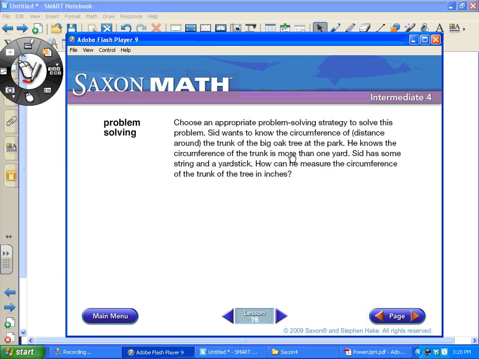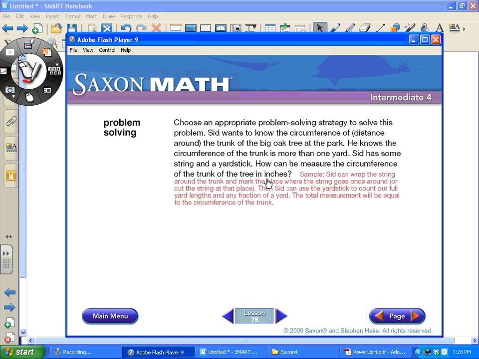He could even cut it off if he needed to. And then he needs to measure the string with the yardstick, right? And even though he knows it's longer than a yard, he can mark the point that it reaches the yard. And then he can start using that yardstick again and just add those distances together. Okay? And so the total will be the circumference of the trunk.